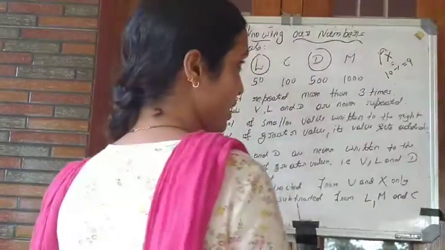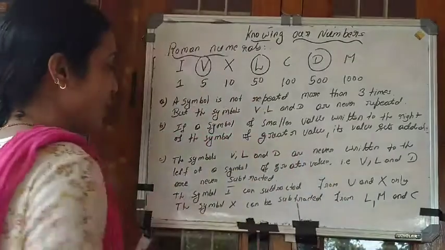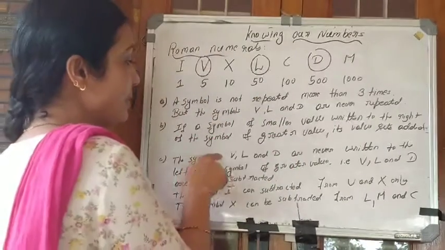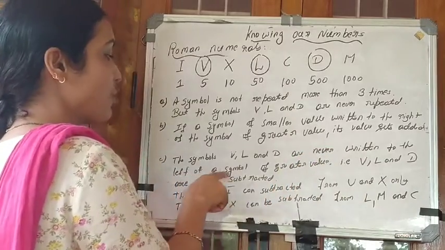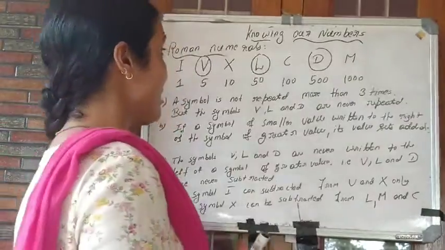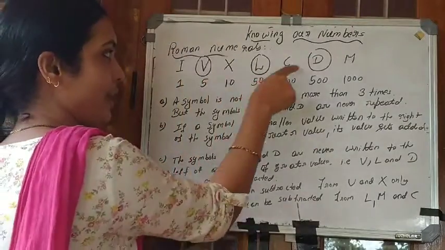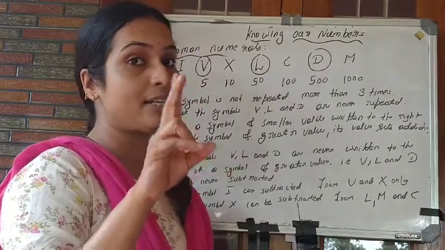Okay. So these are three very important rules. And the next rule is, the symbols V, L and D are never written to the left of a symbol of greater value. These V, L and D are never repeated more than one time.